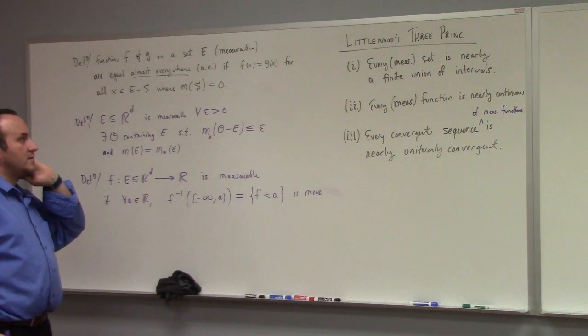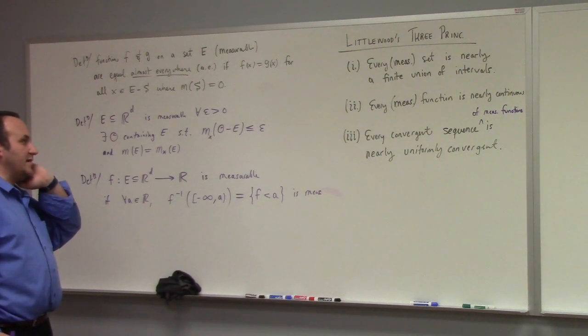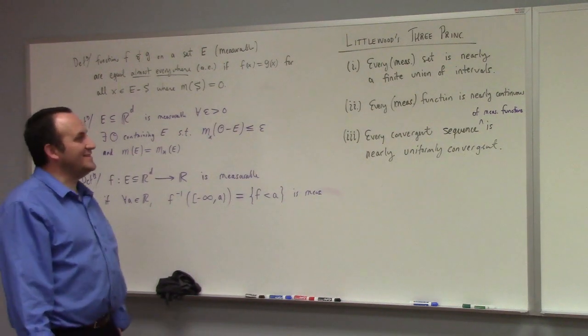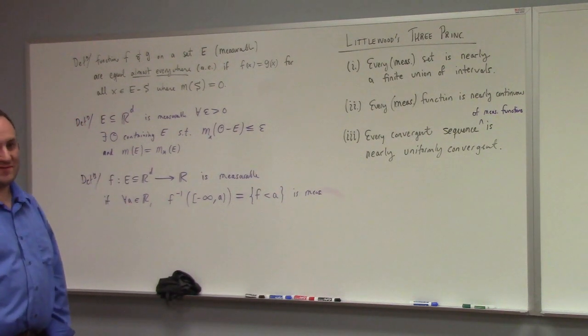So, statement number one, what on earth does that mean? Every set is nearly a finite union of intervals. What does that mean?